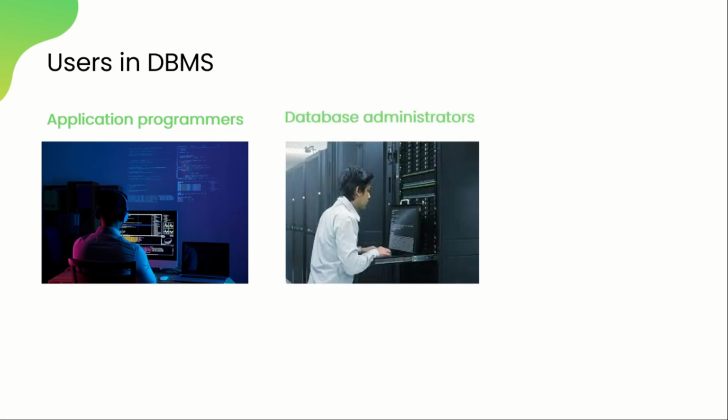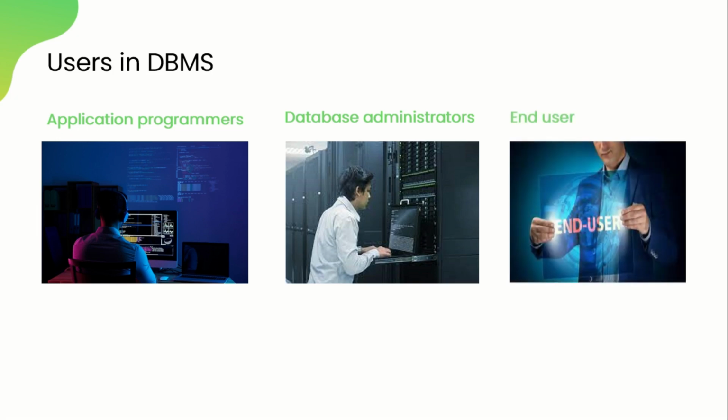The next type of users are database administrators. The users who create the policy and the strategies of the DBMS are generally known as database administrators. End users. The users who interact with the database and conduct various operations like retrieving, updating, and deleting are generally the end users.